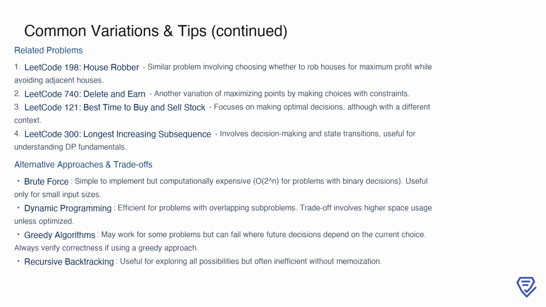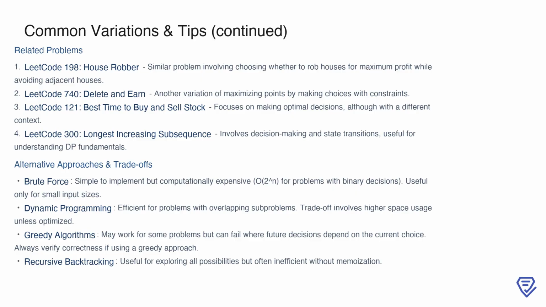Now, in terms of approaches, brute force is straightforward but computationally expensive. It's only feasible for small input sizes due to its exponential time complexity for binary decision problems. Dynamic programming, on the other hand, offers efficiency for problems with overlapping subproblems, though it may come with higher space usage unless optimized.